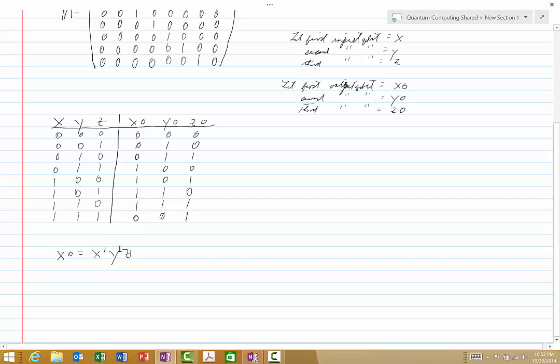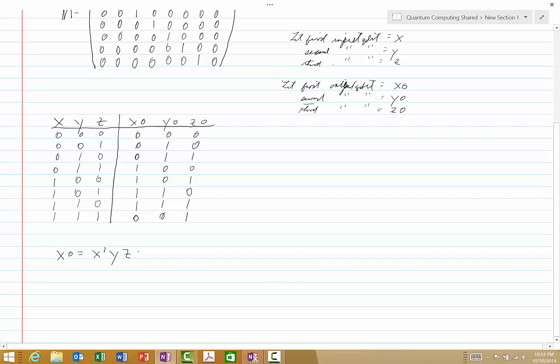And likewise, it is equal to 0 for all possible combinations of these variables except for the combination 0 for X, 1 for Y, and 1 for Z. So this term here will give us this 1 in the XO column, and only that 1. That's the only occasion when this term is equal to 1, when X is 0, Y is 1, and Z is 1. So we have that 1, but now how do we get this 1 as well?